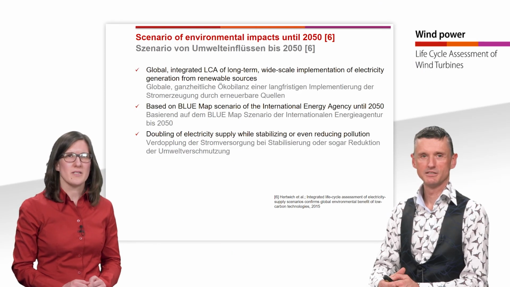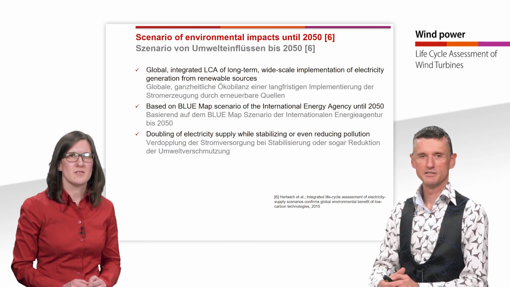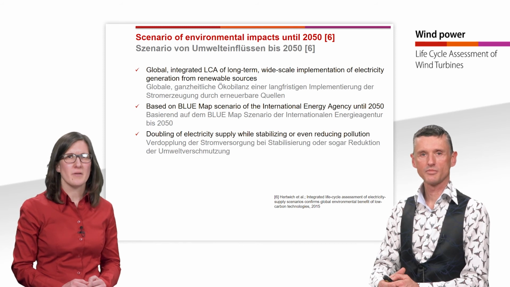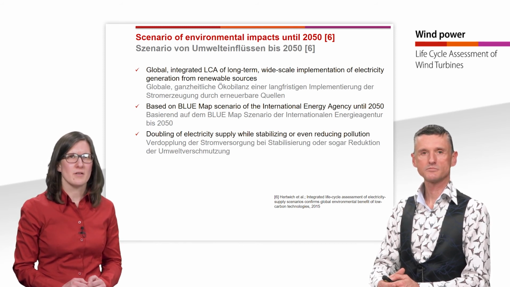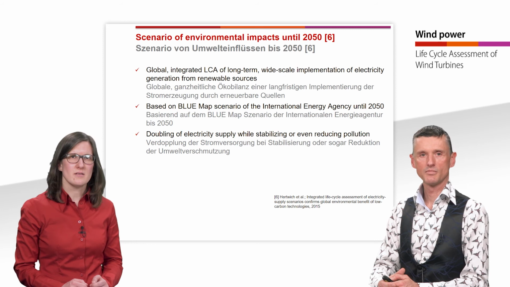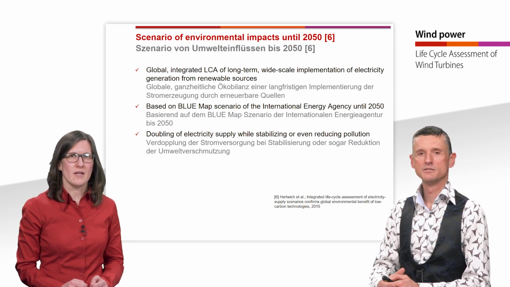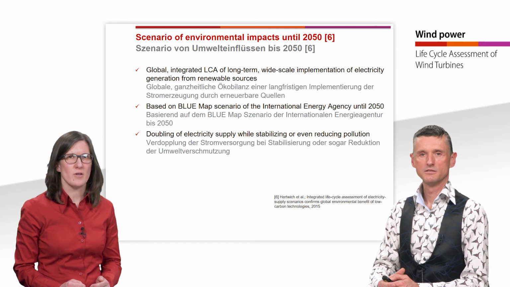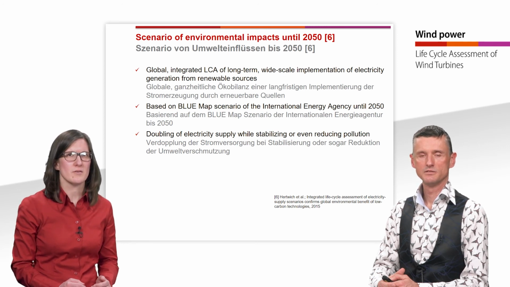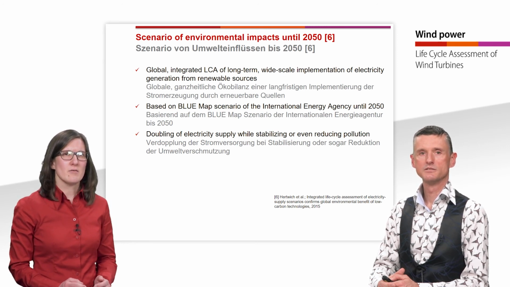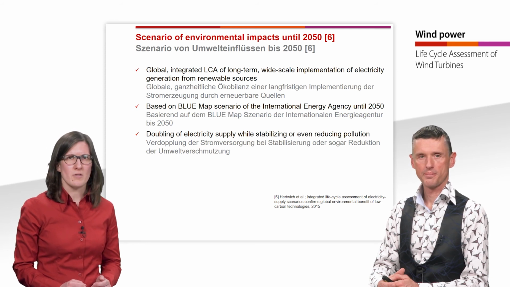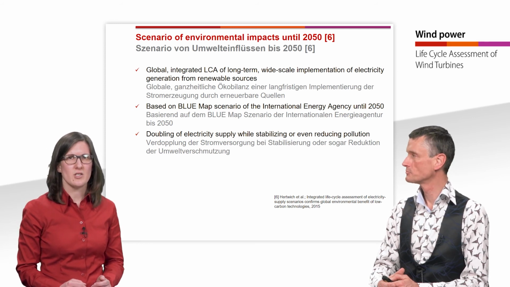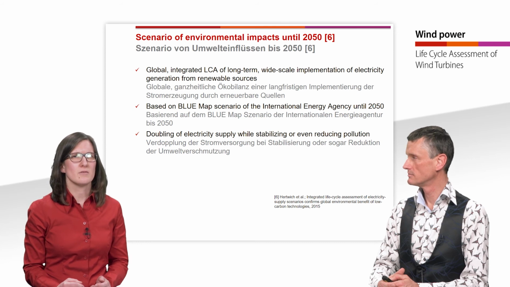Here we want to present you a study of a scenario of environmental impacts until the year 2050. This study is a global integrated LCA of long-term wide-scale implementation of electricity generation from renewable sources. And the scenario is based on the Blue Map scenario of the International Energy Agency until the year 2050.